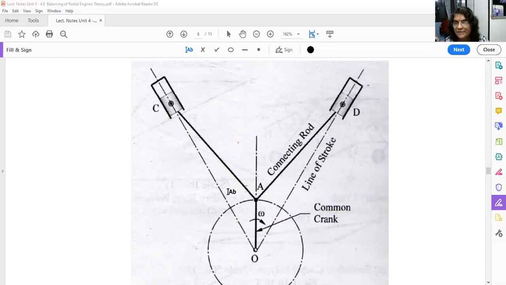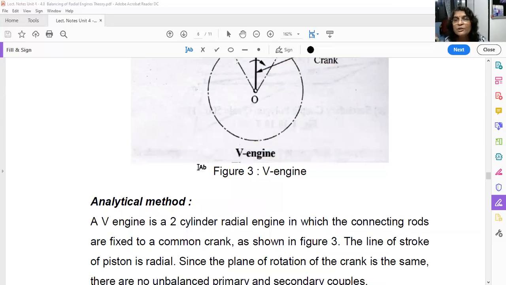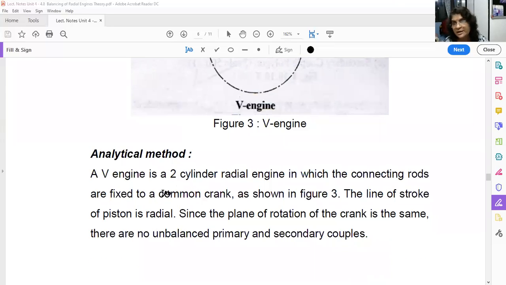If we consider V4, V8, V12, that means in this direction there will be, say, 3 cylinders if it is a V6 arrangement. Right now we are going to apply the analytical approach only for the V engine, that is the 2-cylinder engine.